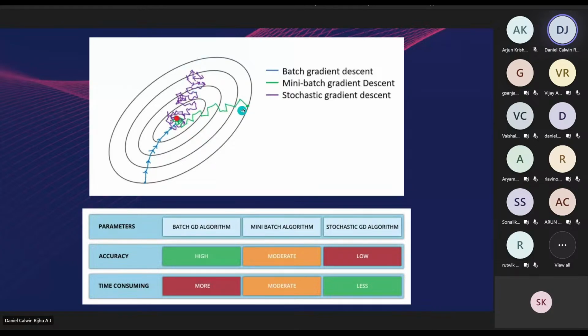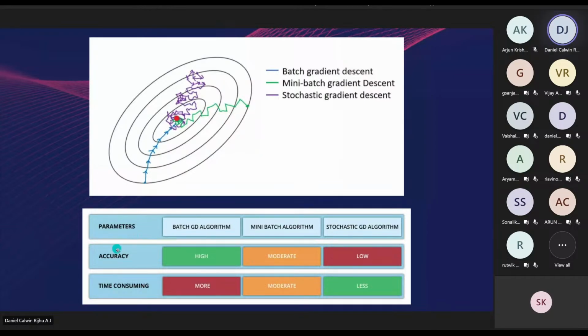As I mentioned earlier, SGD is more prone to the introduction of noise and outliers into the data, and therefore it's going to be more haphazard. The third one, mini batch gradient descent, is almost similar to SGD, but more ordered, because we have introduced a factor of batch gradient descent into SGD. Therefore, it's a more well-balanced form of gradient descent.